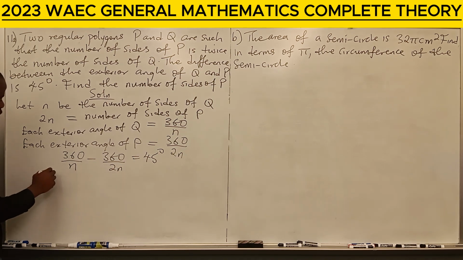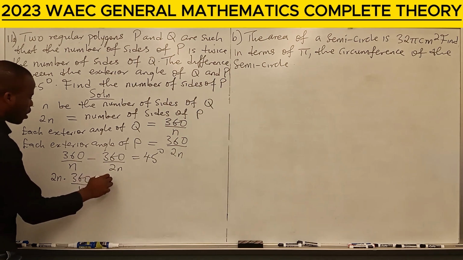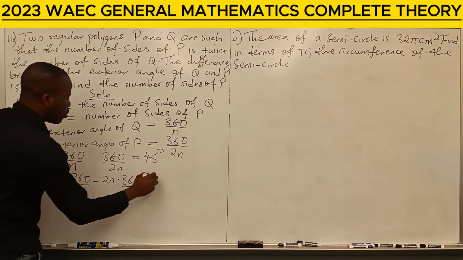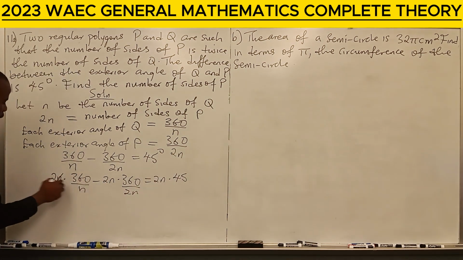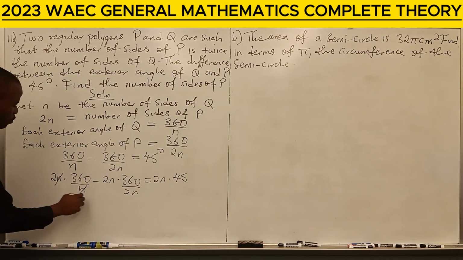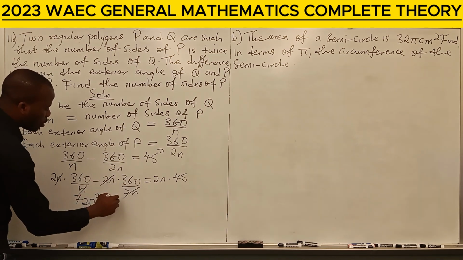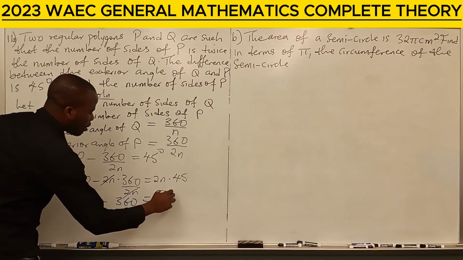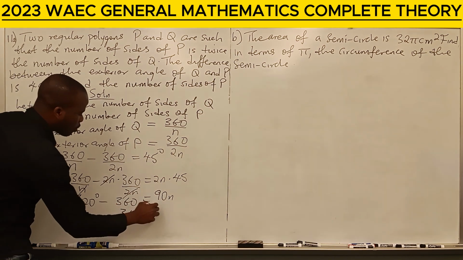If I do that, 2n multiply 360 over n minus 2n multiply 360 over 2n equals 2n multiply 45. n cancels n. 2 times 360 is 720 degrees minus, 2n cancels 2n, 360 equals 90n. 720 minus 360 is 360 equals 90n.